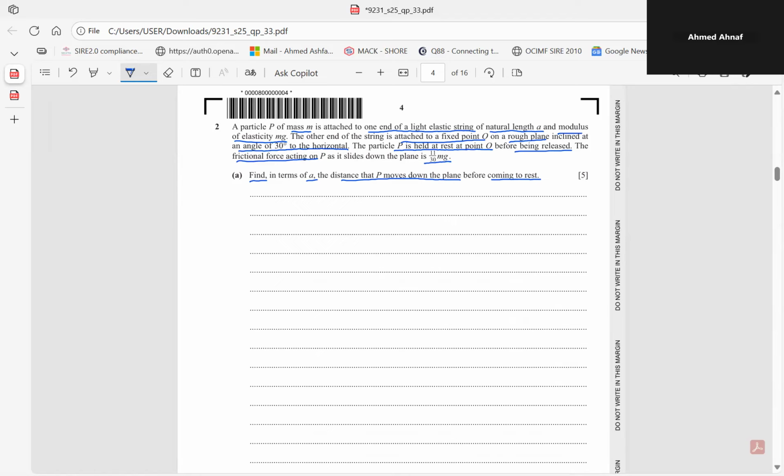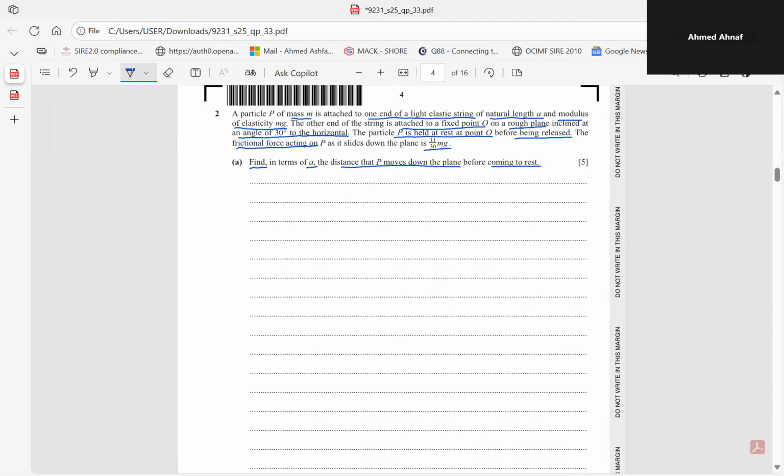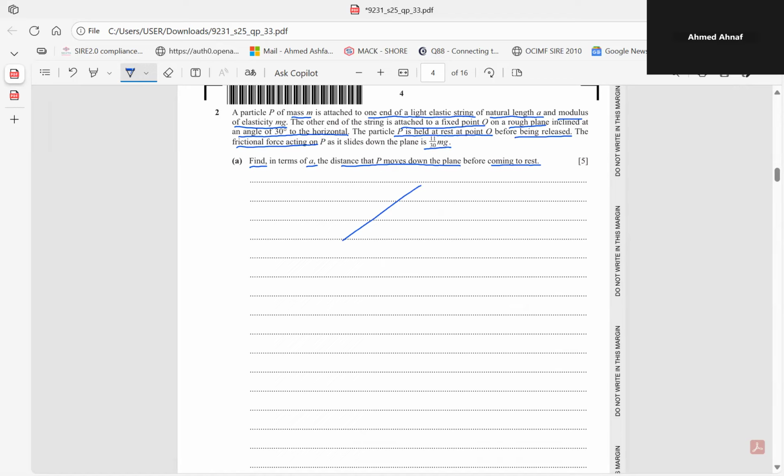So the way we do this question, let's first draw a diagram of the whole setup. So it's an inclined plane, inclined at 30 degrees to horizontal. We'll let this point be O, and then it's a rough plane.